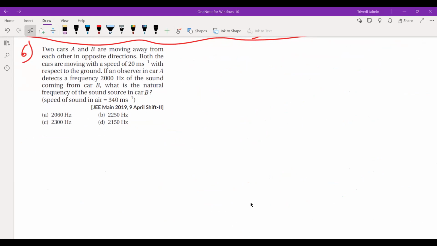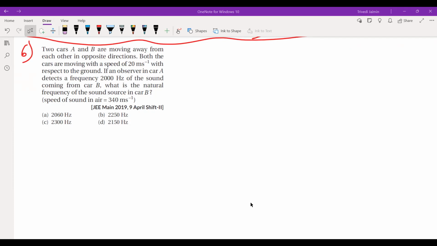Two cars A and B are moving away from each other in opposite directions. Both the cars are moving at the speed of 20 meter per second with respect to ground.